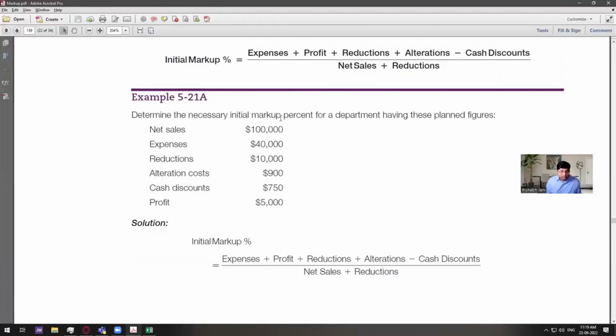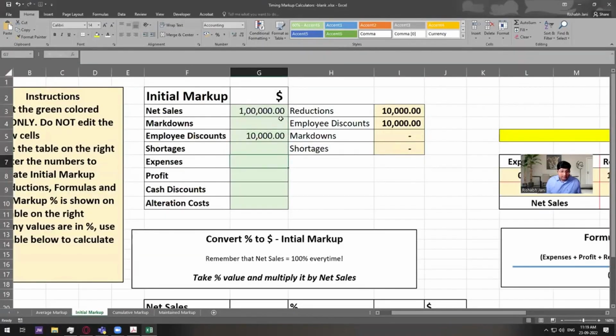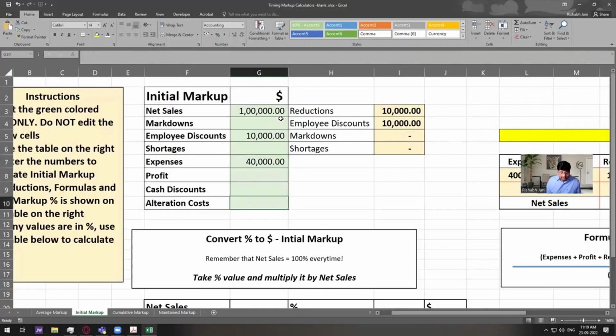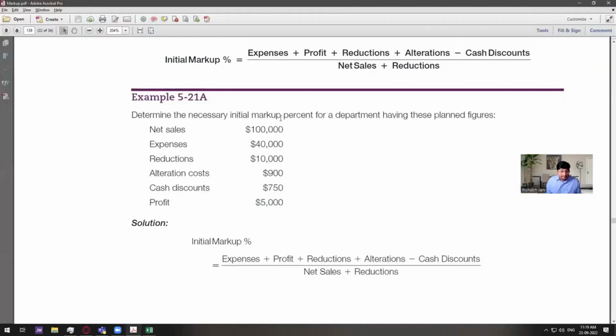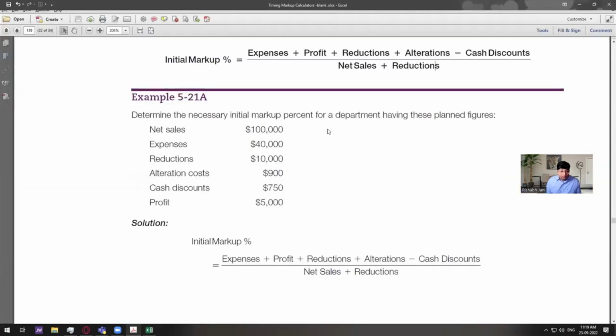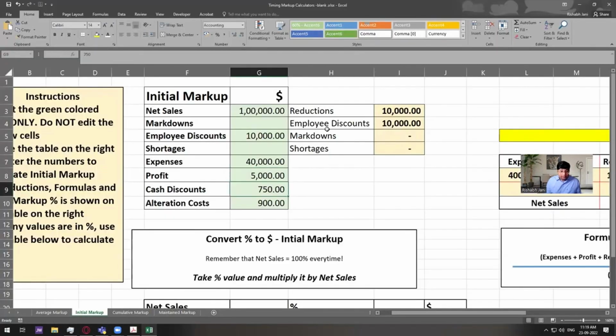Not markdowns at 40. Expenses at 40,000. Then we have alteration costs at 900 and cash discounts at 750. We also have a profit of 5,000.